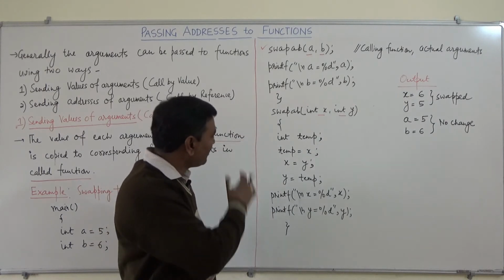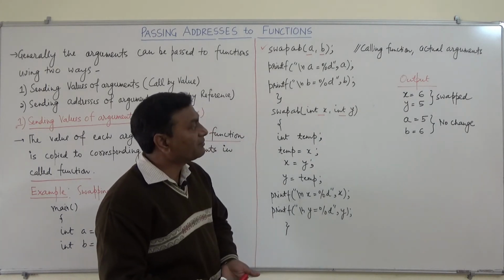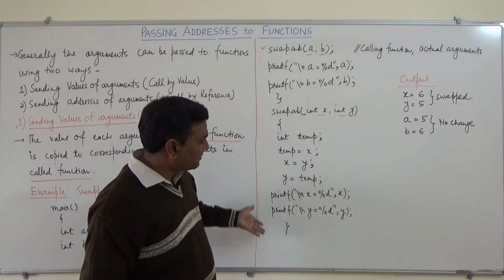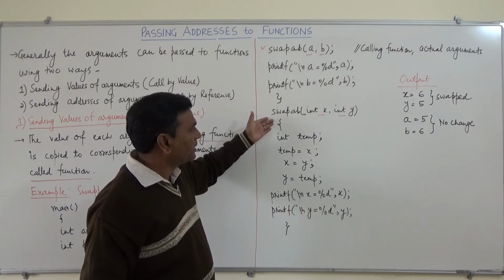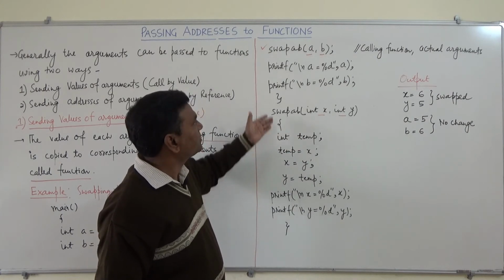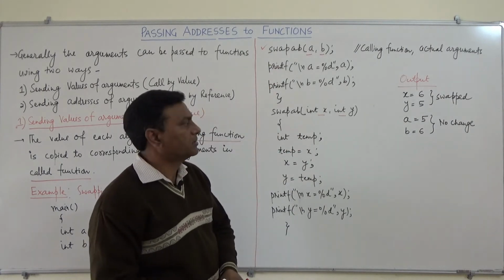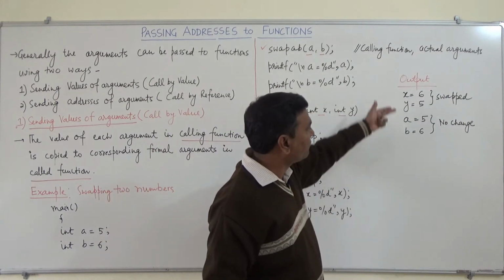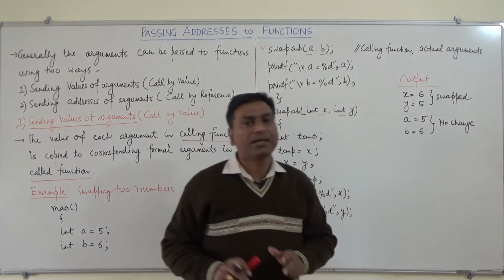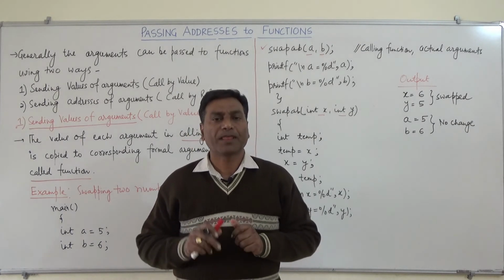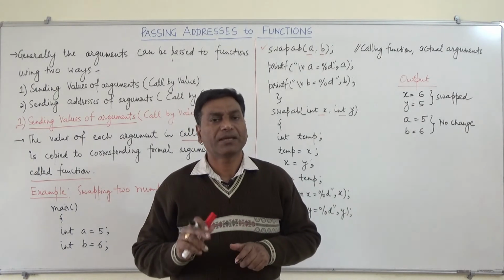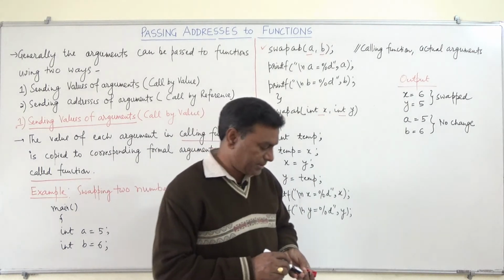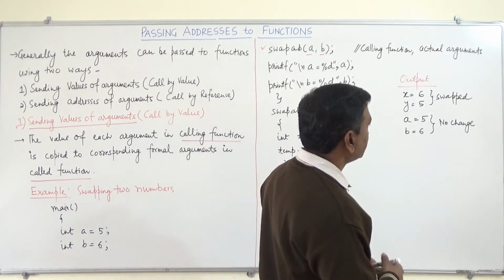Because in this call by value, whenever changes are made to the formal arguments, they do not have any change on the actual arguments. So we can say the changes made to the formal arguments have no change on the values of the actual arguments. This is a very important point and we must remember it.